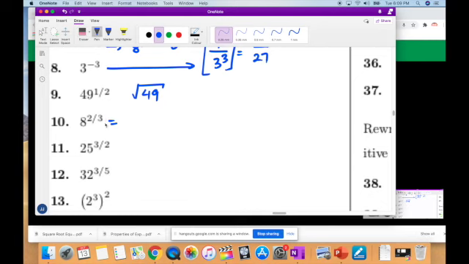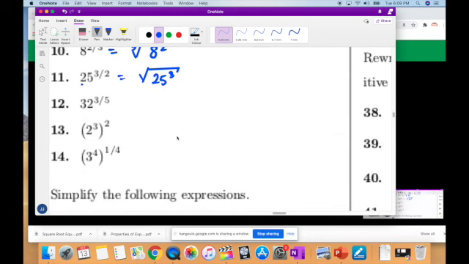So in this case here, the denominator is the cube root of 8 squared, the numerator. In this case, the denominator is the square root of 25 to the power of 3. And just stop me or slow me down if I go in too fast. In this case, the denominator is 5, so we have the 5th root of 32 to the power of 3.